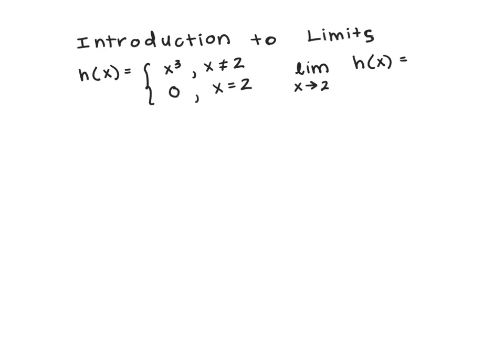So first thing that we're going to do again is let's go ahead and graph this function because we want to see what is the behavior of my function as I get really close to x equals 2. I'm just going to graph the first quadrant. And I know that my graph is going to look like x cubed. So everywhere x is not equal to 2, it looks like x cubed, which would look like this in my first quadrant.